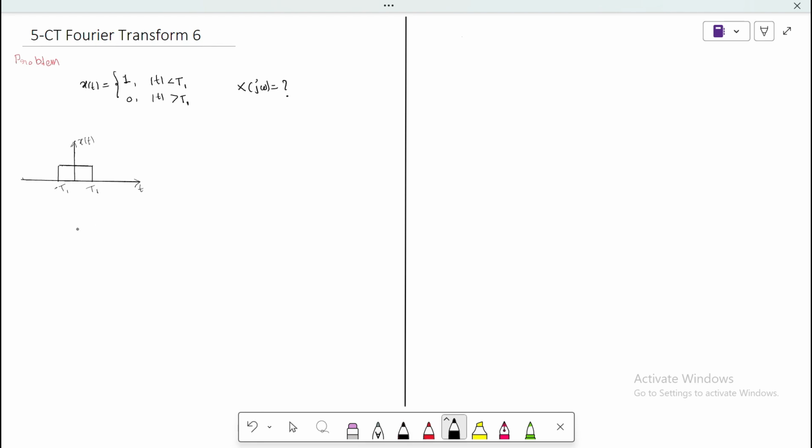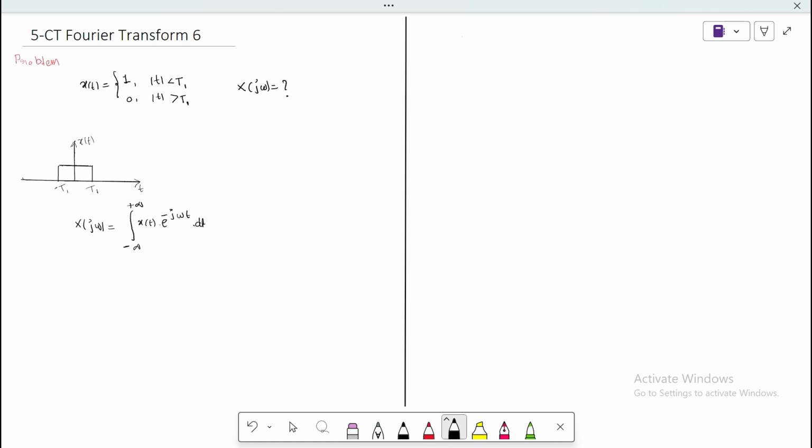So the formula: x of j omega equal to the integral from minus infinity to plus infinity of x of t into e power minus j omega t dt.